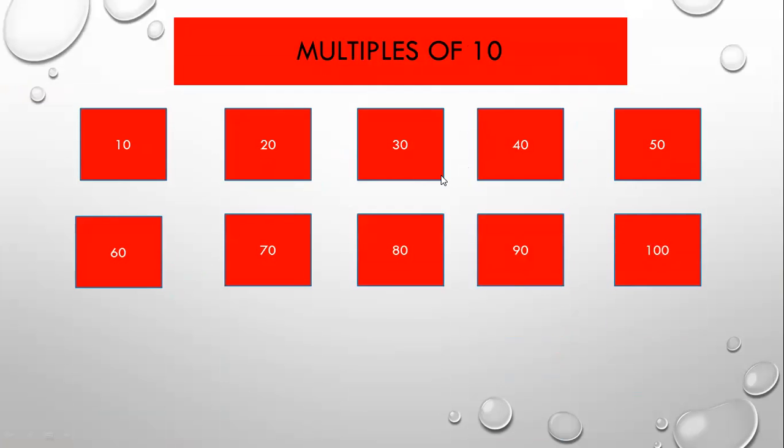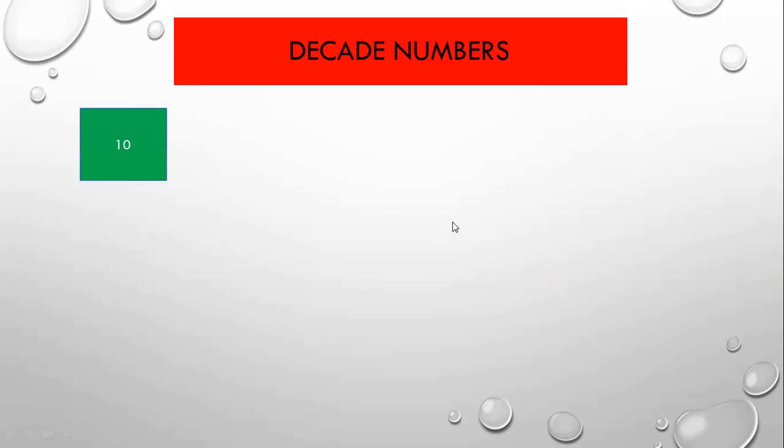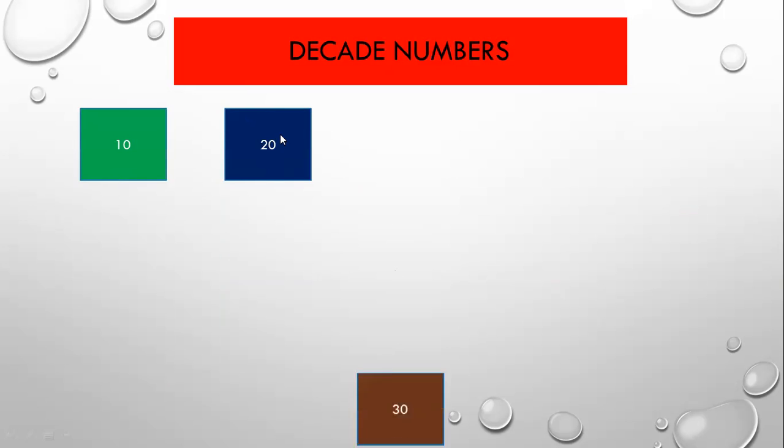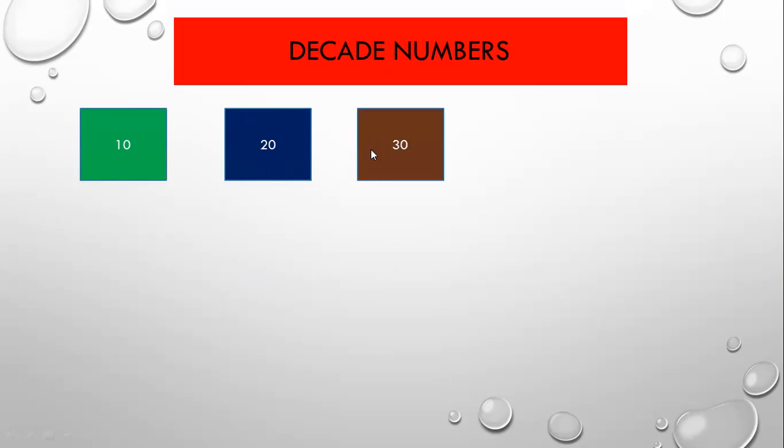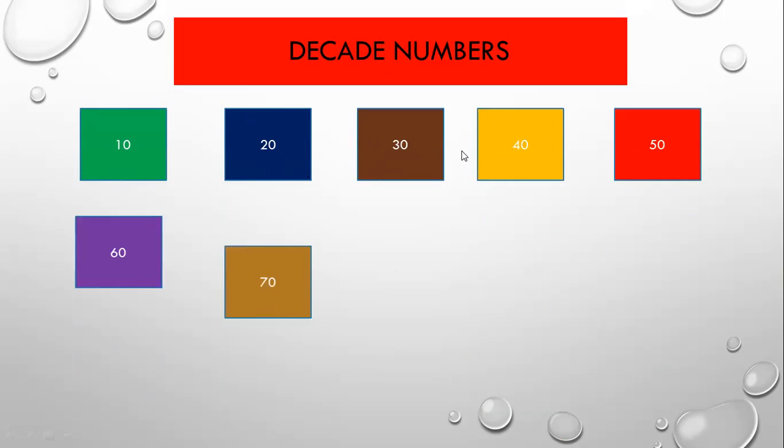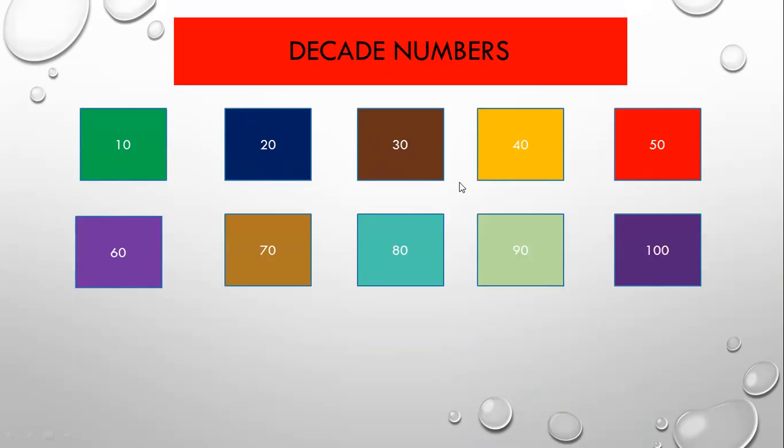These are the multiples of 10. When we say a decade number, let's see what a decade number is. From 1 to 10, 10 is the decade number. 20 is our decade number. From 20 to 30, 30 will be our decade number. Decade means it has 10 numbers and it ends with 0.